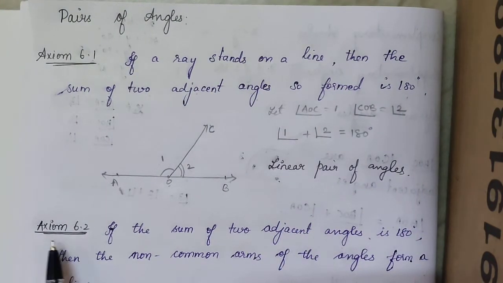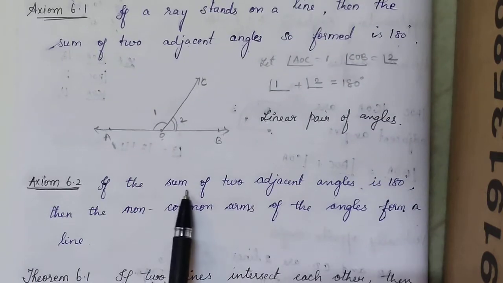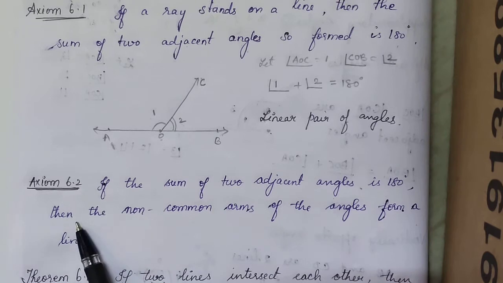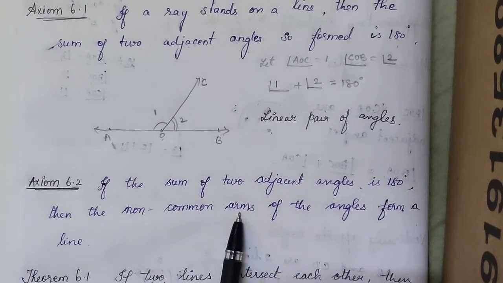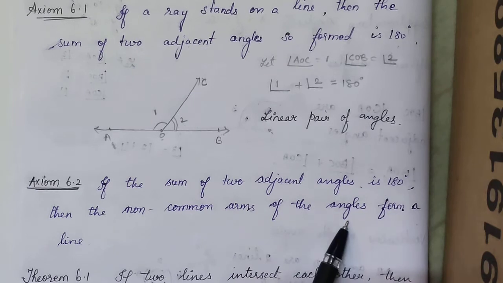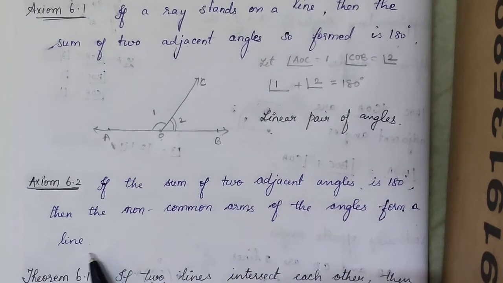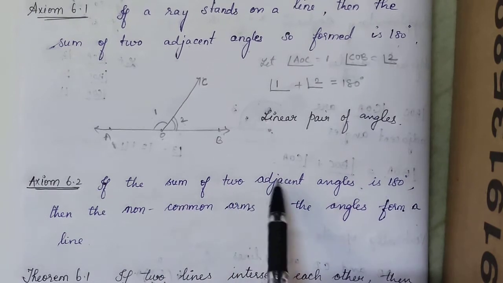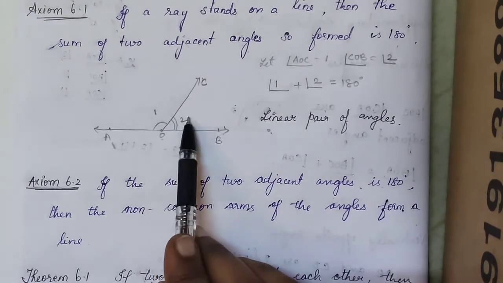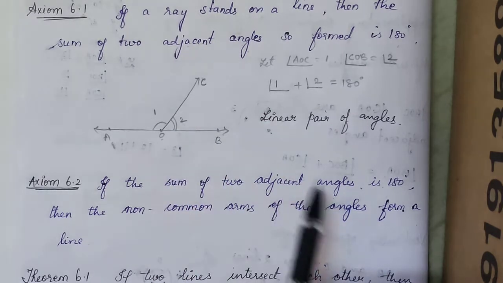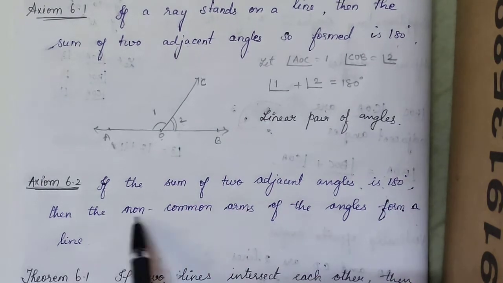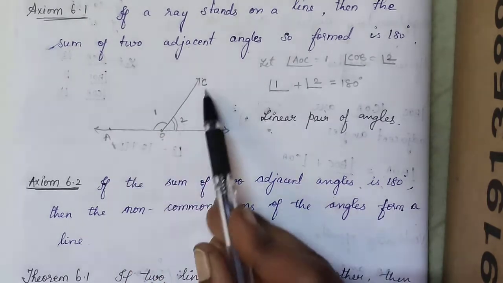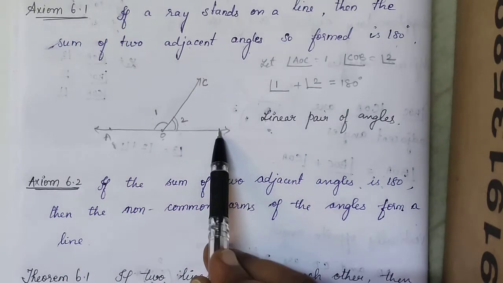Now axiom 6.2. If the sum of two adjacent angles is 180, then the non-common arms of the angles form a line. See here, the sum of the adjacent angles is 180. Non-common arm means OA is the non-common arm, OC is the common arm, OB is the fixed one.